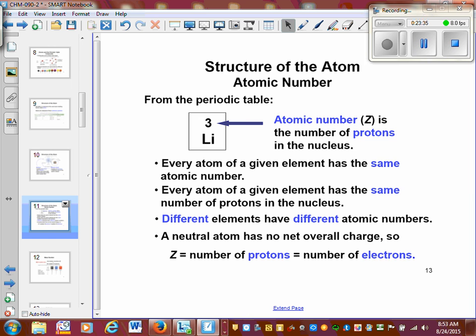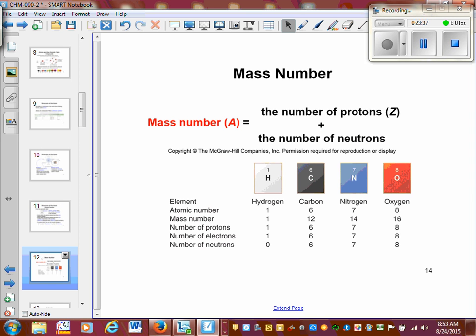So here we're looking at the mass number. If you look at the mass number in the periodic table, if we look at hydrogen, it's 1.008. And there's a reason it's not a whole number. We'll talk about that in a minute. But they round off the mass number here to 1. So if the atomic number is 1, that's 1 proton. How many electrons? 1.